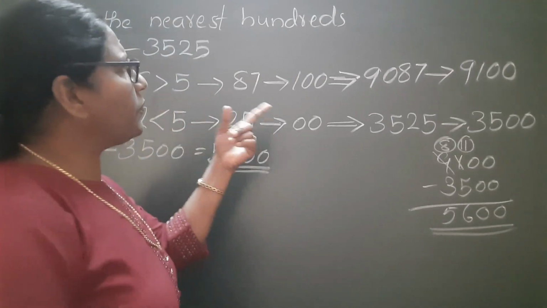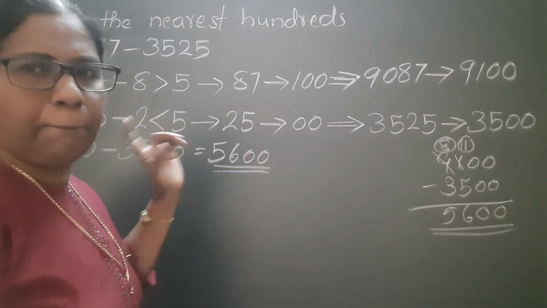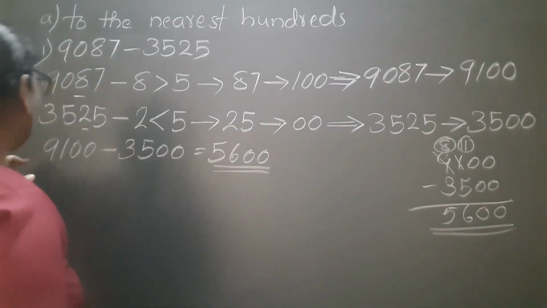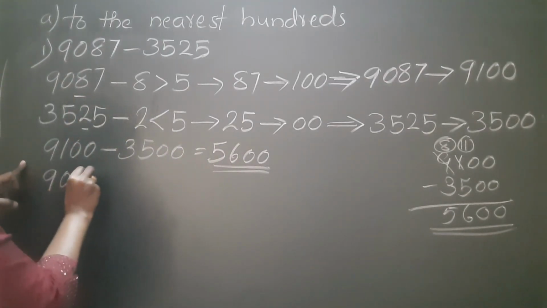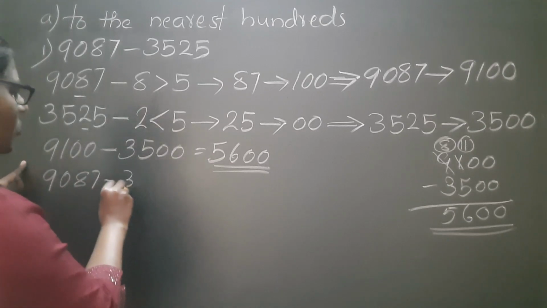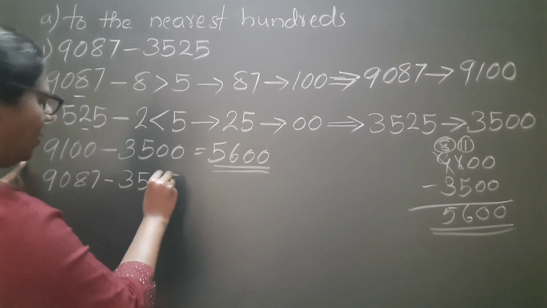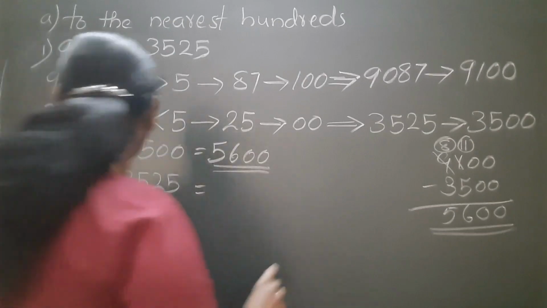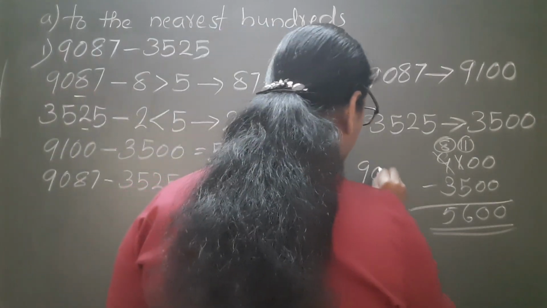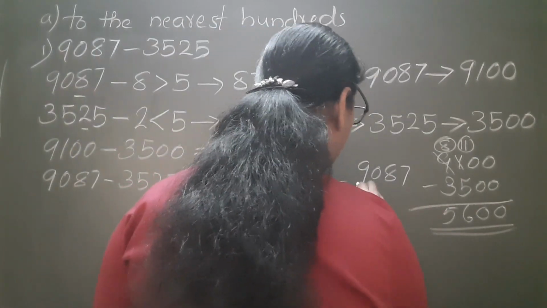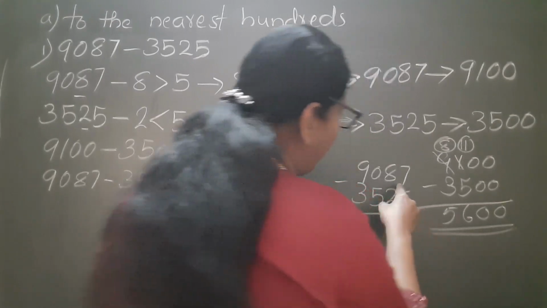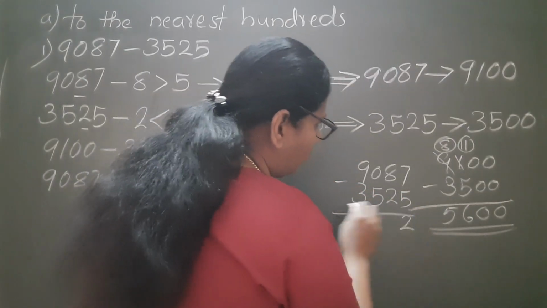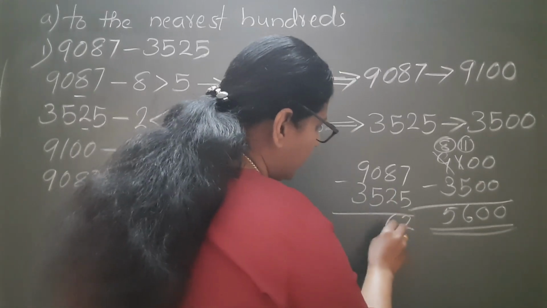Now the second part of the question says that we have to compare with the actual difference. So the actual numbers are 9087 minus 3525. 7 minus 5 is equal to 2. 8 minus 2 is equal to 6.